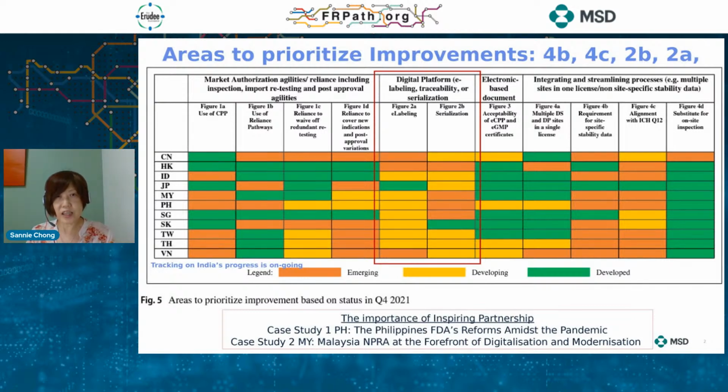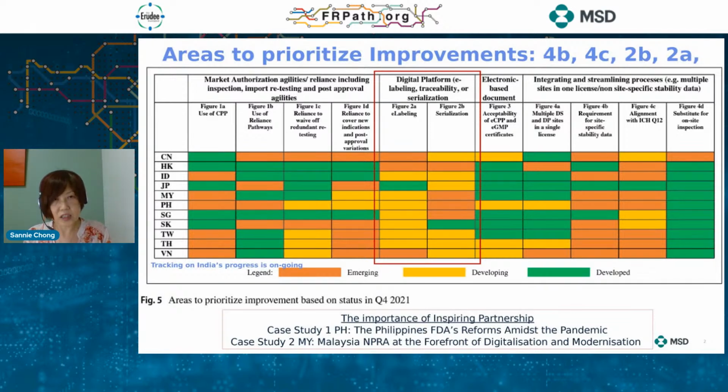As mentioned, there are 4 practices of agility we recommend and work on with our regulators, and you can see them in figures 1, 2 and 4. But for today's discussion, I would like to point you to figures 1A, 1B, 1C, and 1D, and these are the indicators for reliance pathways.